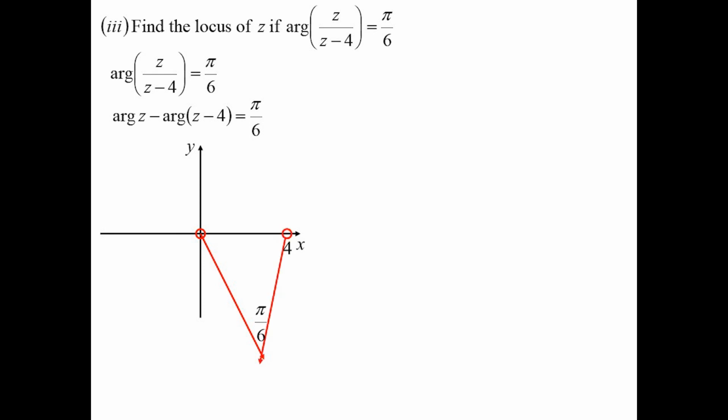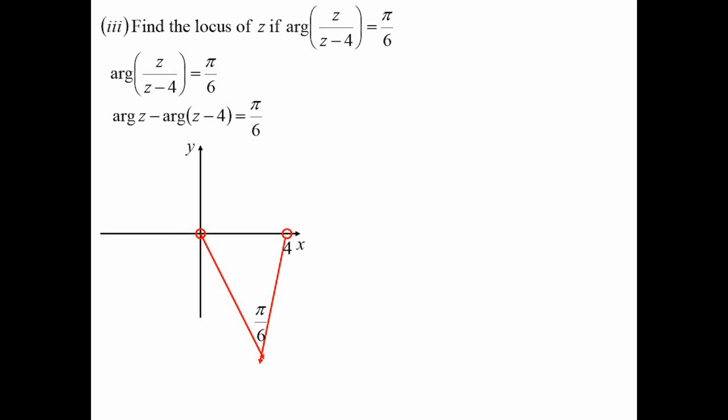There's one joined up to 4, so that's representing z minus 4. You'll notice I've drawn it underneath rather than above, and I'll get to why I did that in a second. So what we're saying is the difference in these angles is pi on 6. That therefore means that the angle between them is pi on 6. So where they meet, that angle will be pi on 6 or 30 degrees. And you could prove that using a little bit of geometry.